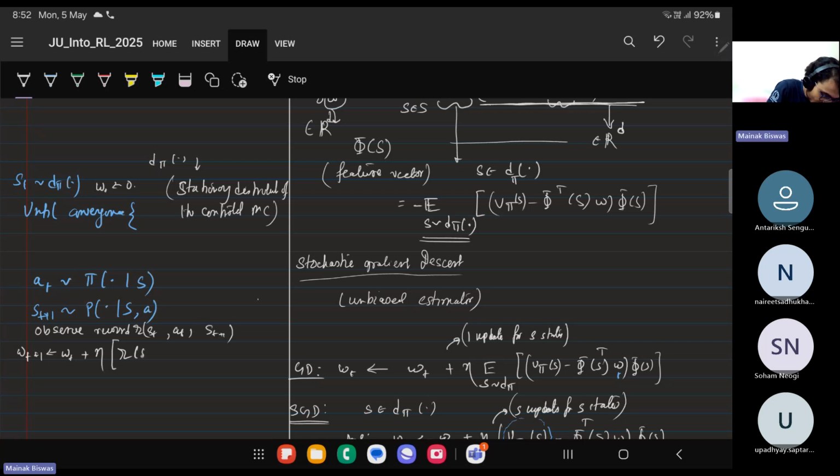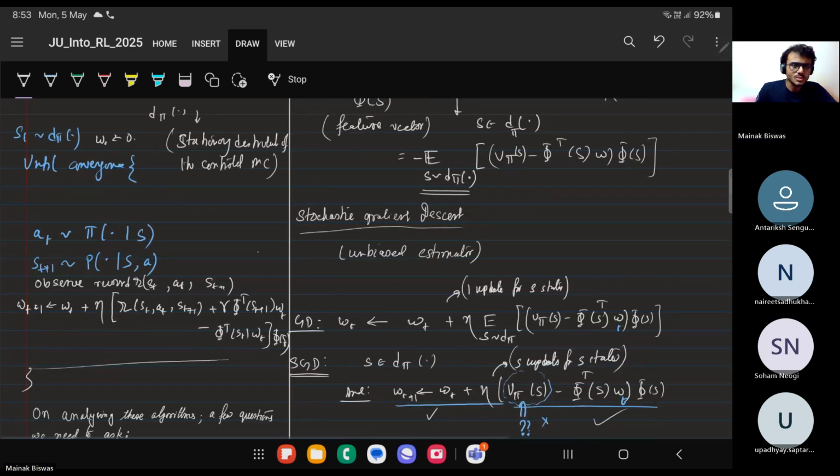So this is S_t, A_t, S_t plus 1, plus gamma times phi of S_t plus 1 W_t, minus phi transpose S_t W_t, times phi of S_t. So this will be ending over here until you are converging. That is the algorithm. It's very simple. Everything is known now. So this can be implemented.